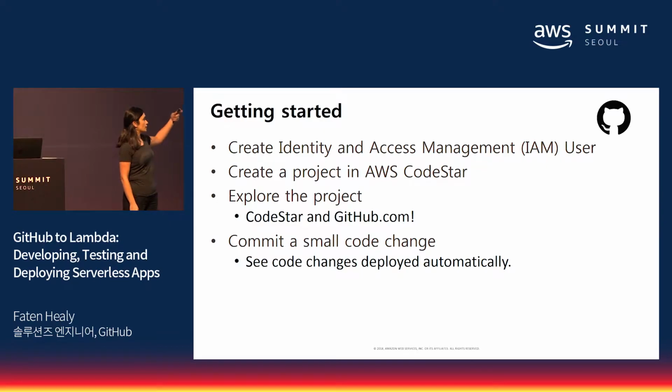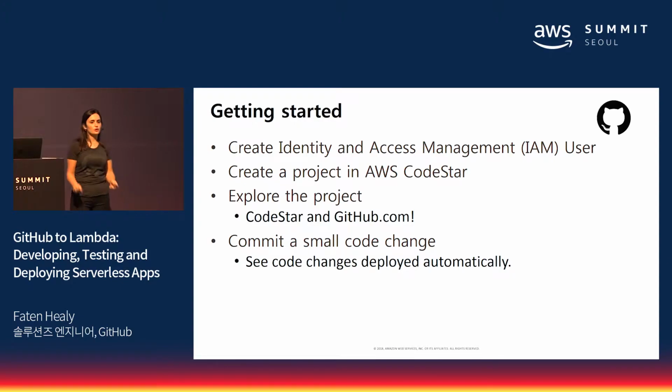That's why we need to create a specific identity and access management admin user to then create the AWS CodeStar project under this user. And then we are going to have to go and check the project that we created from the CodeStar project, as well as the repository that got created automatically in github.com.